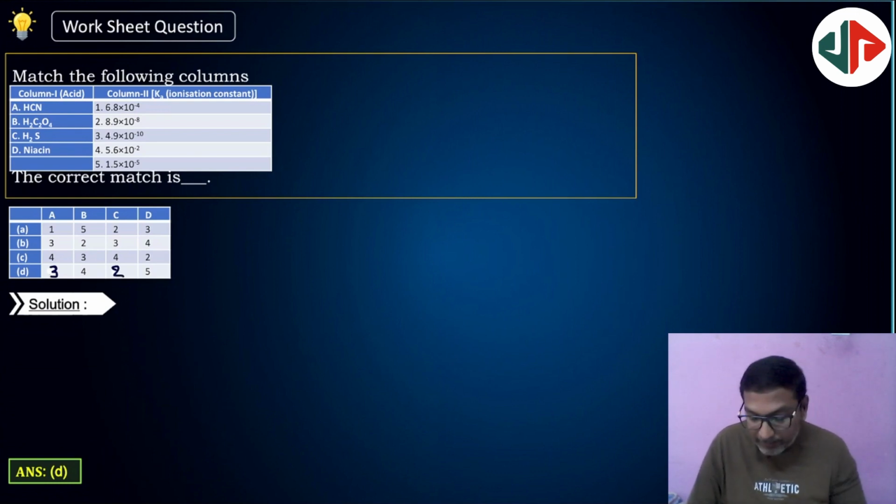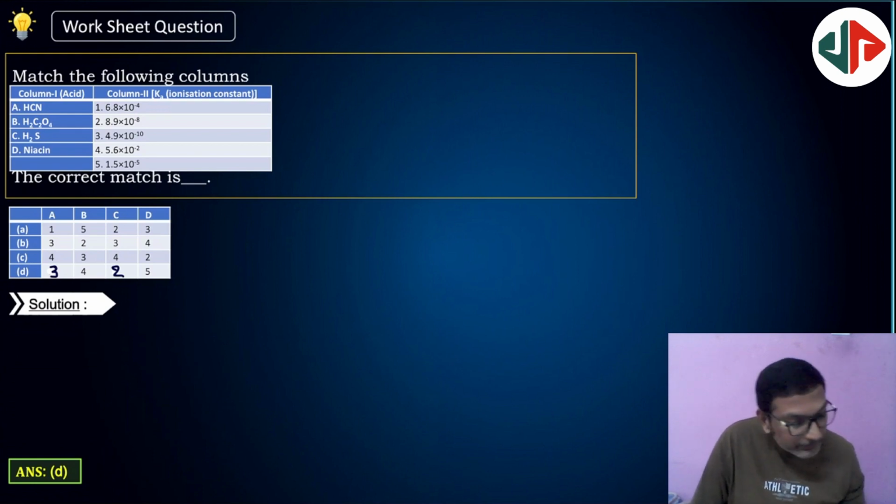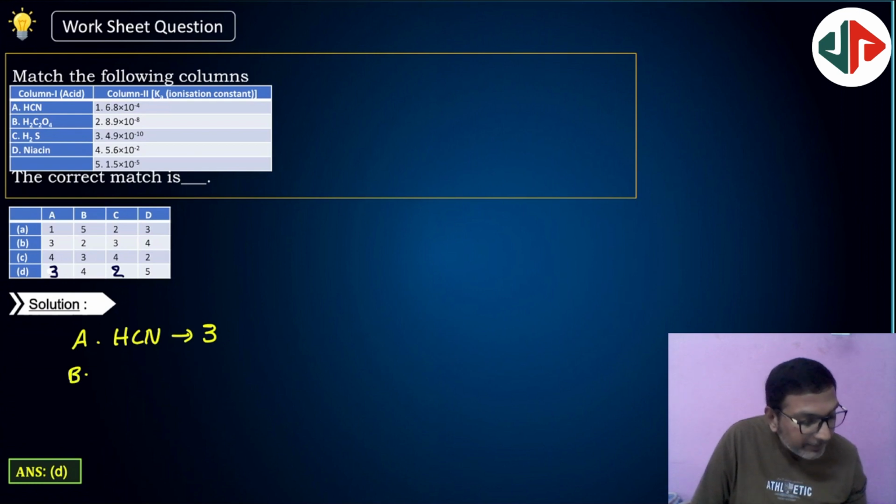So simply, option A is HCN. For HCN, 3 will be correct. B, H2C2O4, oxalic acid, the 4th option is correct. Option C, H2S. For H2S, option 2 will be correct.